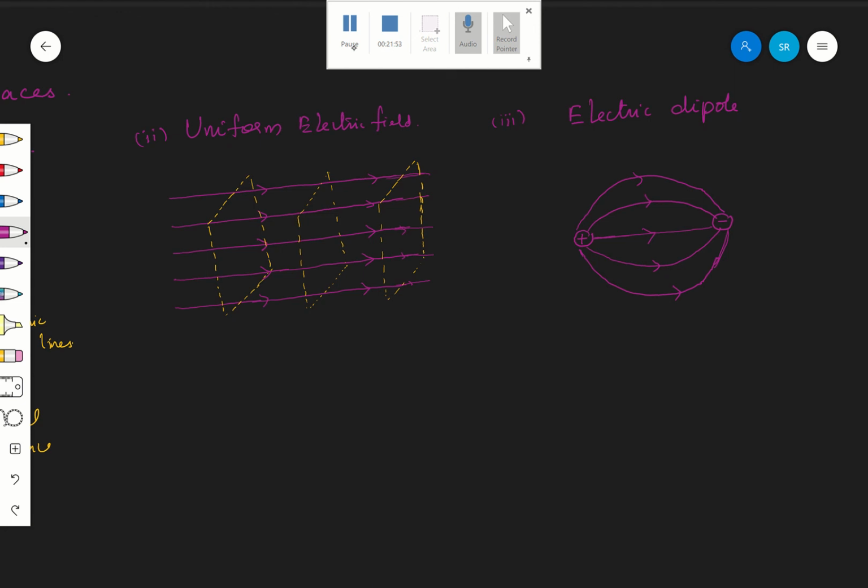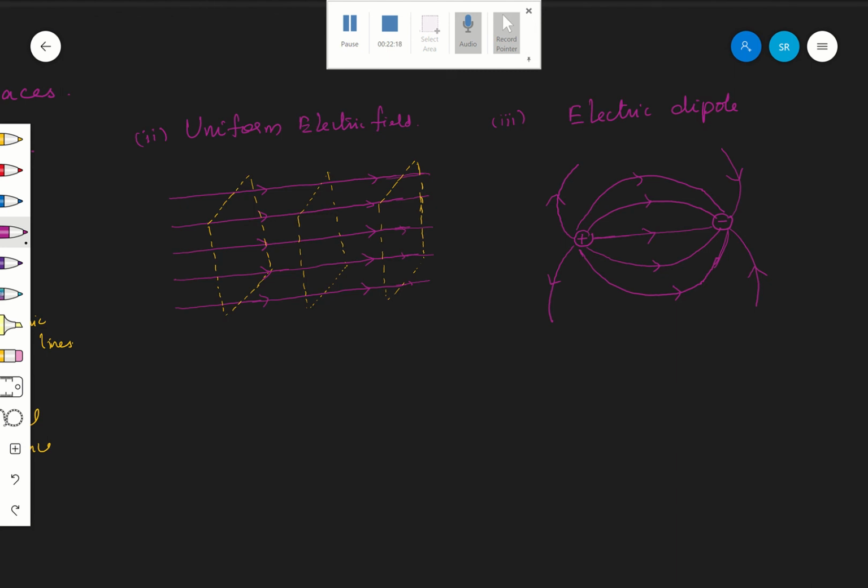It will go like this. I'm just drawing one out. Then it enters the negative. We have already seen these things, right?